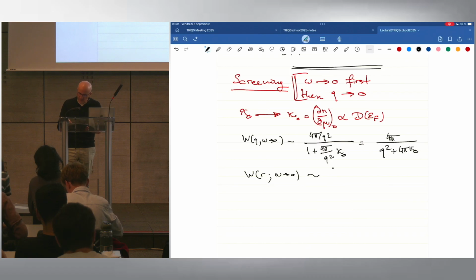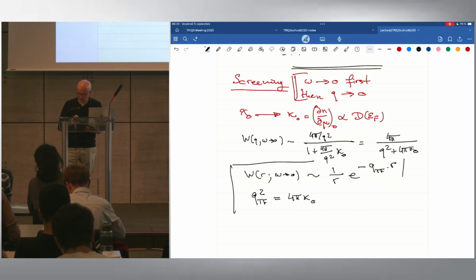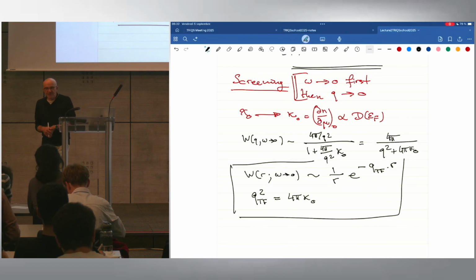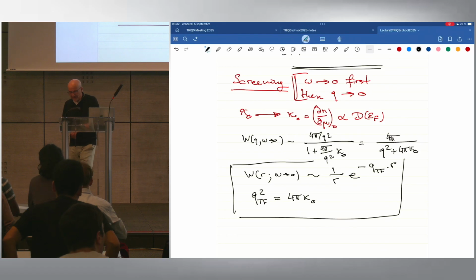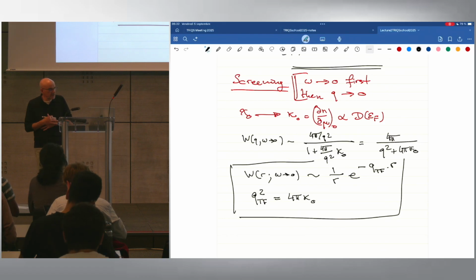It is something of the form 1 over R times E to the minus Q Thomas Fermi times R, where Q Thomas Fermi, you can just read from this expression, is given by Q squared Thomas Fermi equal 4 pi kappa naught. So we've discovered that screening leads to a Coulomb interaction, which is no longer a Coulomb interaction, but decays exponentially at long distance in the static limit.